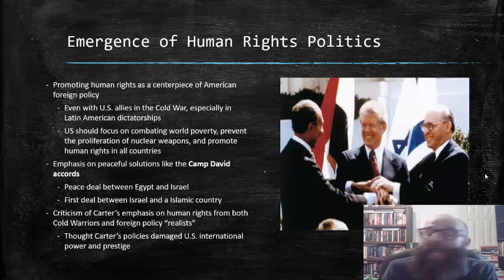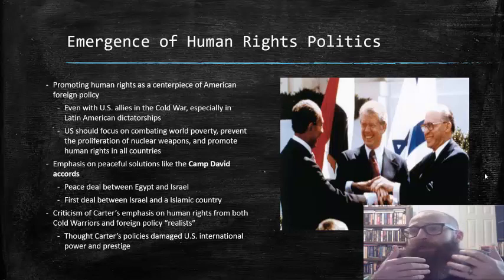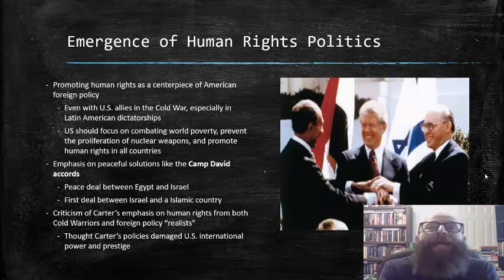And this included Latin American dictatorships, where Carter called them to task for many of their human rights abuses, and in efforts to stay allied with the United States, tried to encourage them to address those issues.